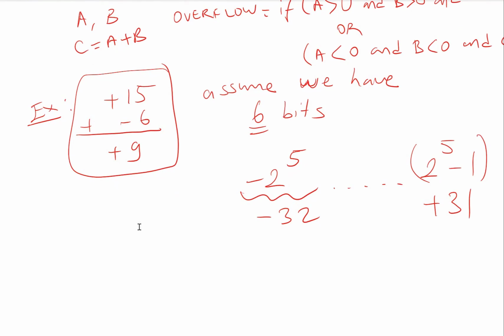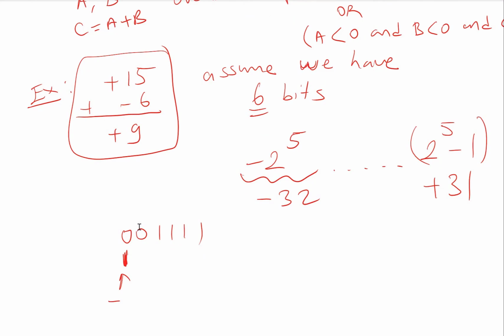So if you do this, it is 0, 0, 1, 1, 1, 1. This is plus 15 and this is minus 32, and I need minus 6, right? So I need to add plus 26. So this is 16, 24 and 26. So this is plus 26. So this should give us minus 6.